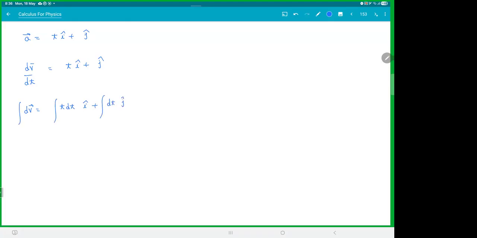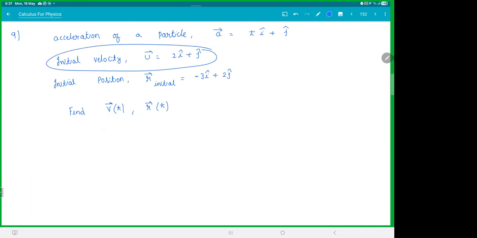So integral from 0 to time. Now here you can have limits as vectors also, u bar and v bar. Since on the left hand side you're integrating a vector, you will get the limits as vectors. On the right side, time is a scalar, so limits will be time. So the limits will go from u bar to v bar. What is u bar? This guy. We'll write it down later on.